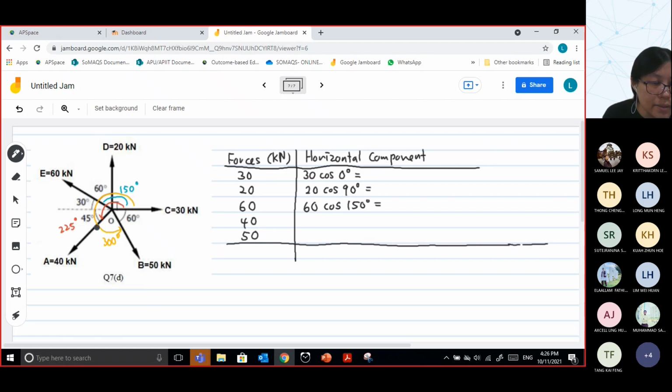Then for A, 40 cos 225. And for B, the last one, 50 cos 300. Okay, let's calculate.